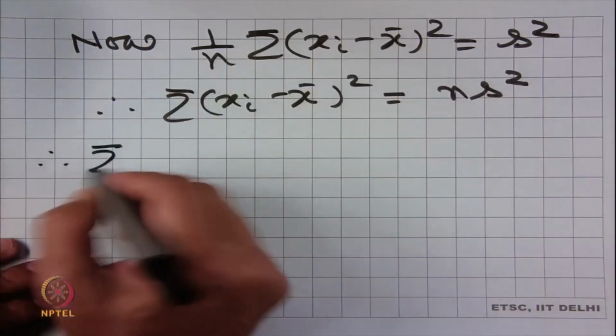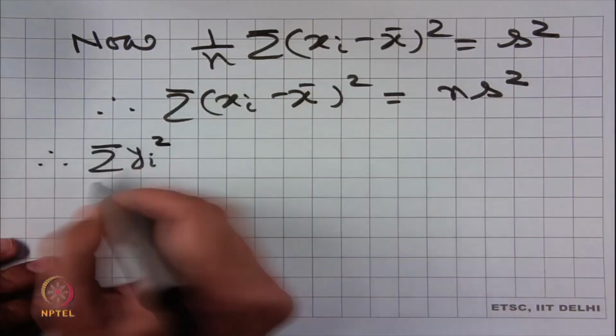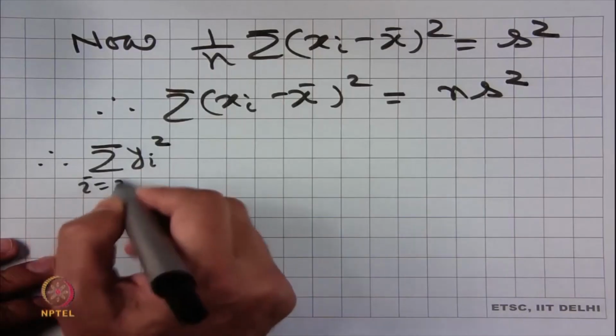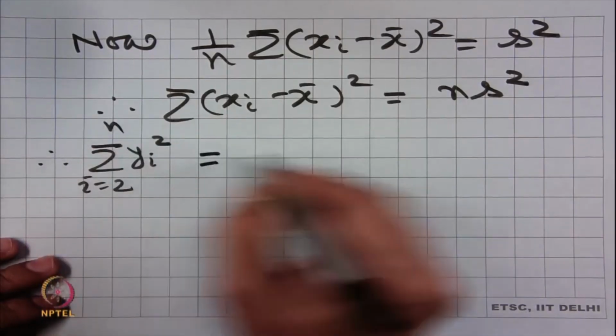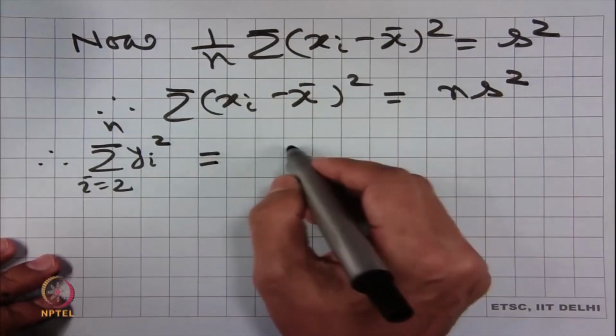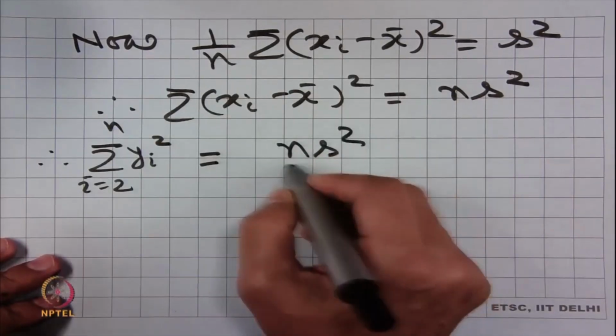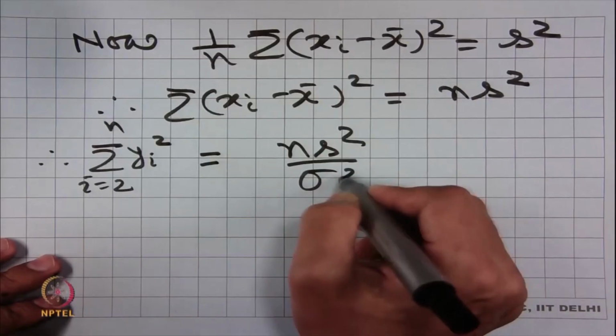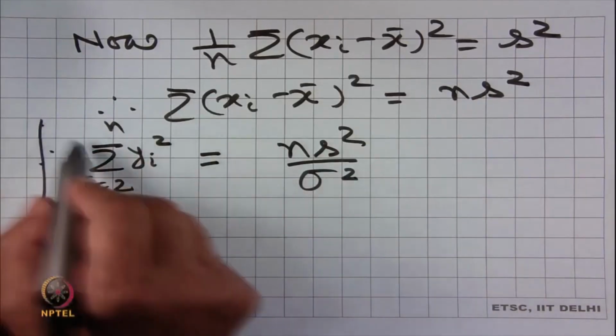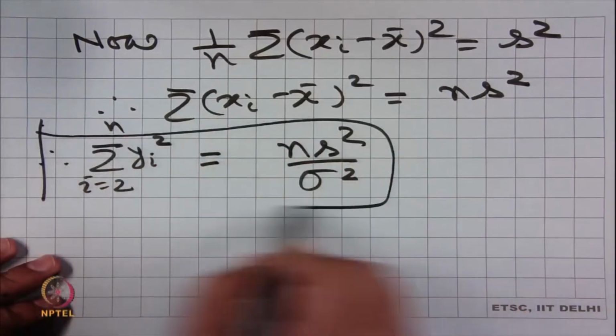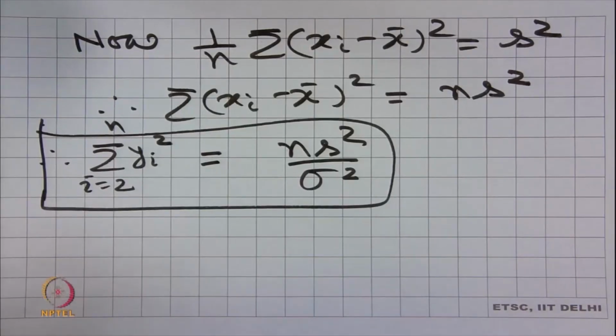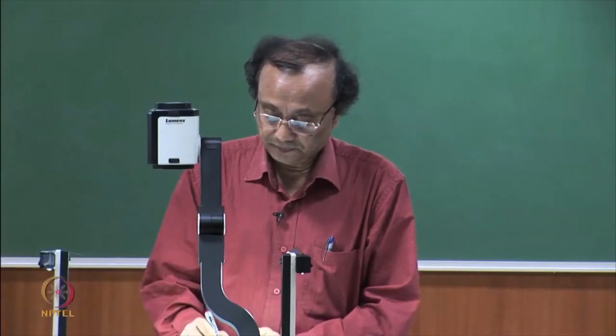Therefore, sigma yi square, i equal to 2 to n, is equal to n a square upon sigma square. This gives us two important consequences.